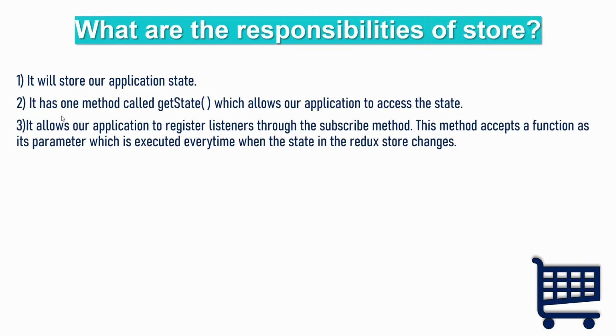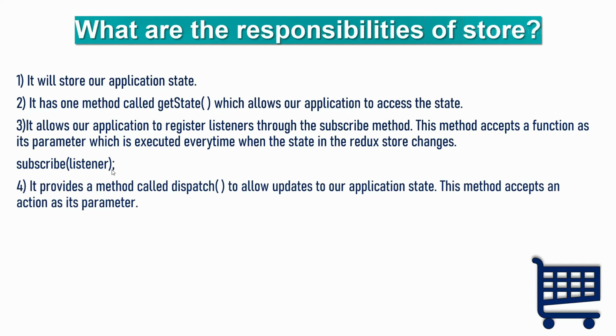Every time I upload the video, you will get the notification. In the same way, inside this subscribe method, we will be passing function as the parameter, and this function will be executed every time there is some change in the store. And this is how we are going to pass subscribe, and inside this we will be passing the listener.